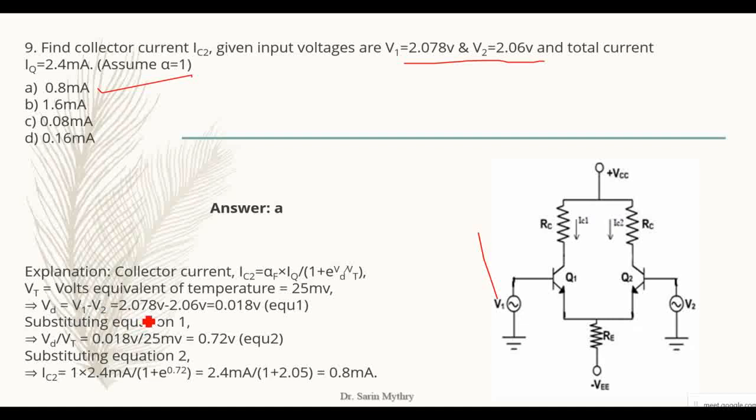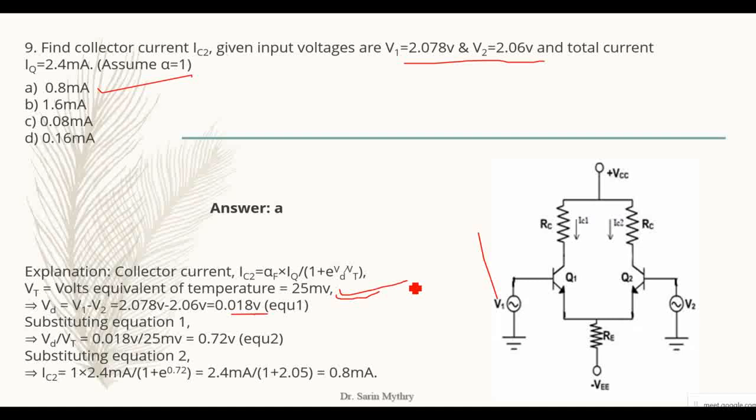That's V1 minus V2 equal to 2.078 volts minus 2.06, which gives 0.018 volts. Let it be my equation number 1. Now substitute equation 1. Substituting equation 1, what do you get here? VD upon VT. VT, we already know, is the voltage equivalent of temperature. It's a default, researched, defined value, that's 25 millivolts.